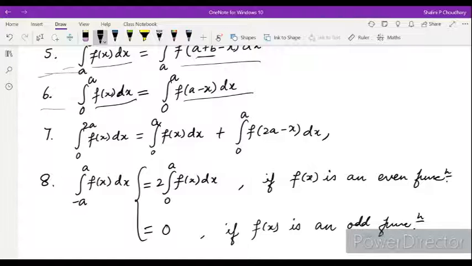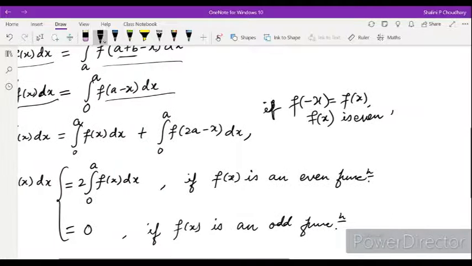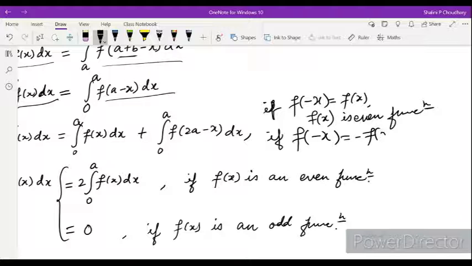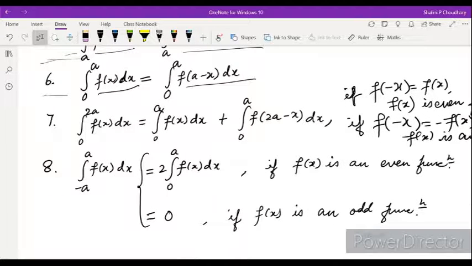If f(minus x) is equal to f(x), then f(x) is an even function. And if f(minus x) is equal to minus f(x), it means f(x) is an odd function. Okay, so you need to understand this, and the same concept we are using here.